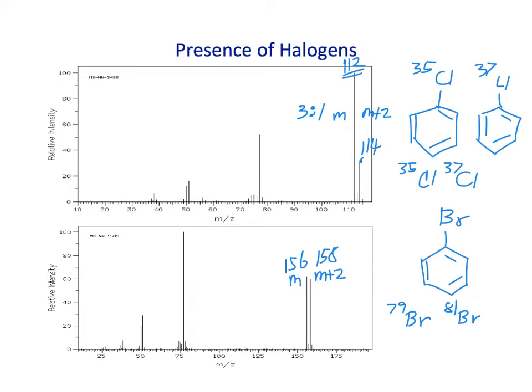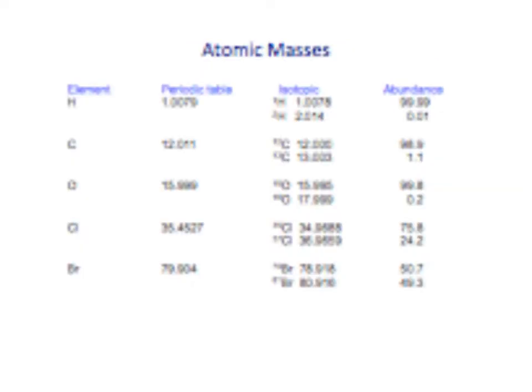So bromine is especially easy to pick out. Notice that in these two cases, only the molecular ion has the chlorine or bromine. Once we look at any of the fragment ions, the halogens come off. Those are the easiest to pick out with different isotopes.